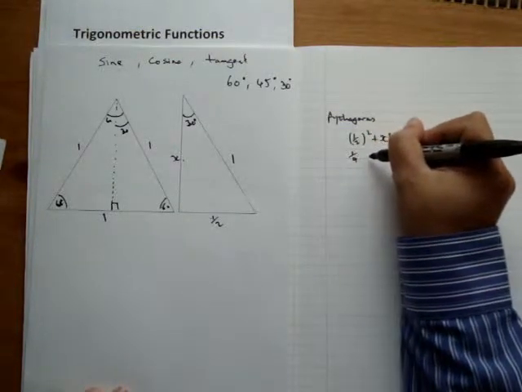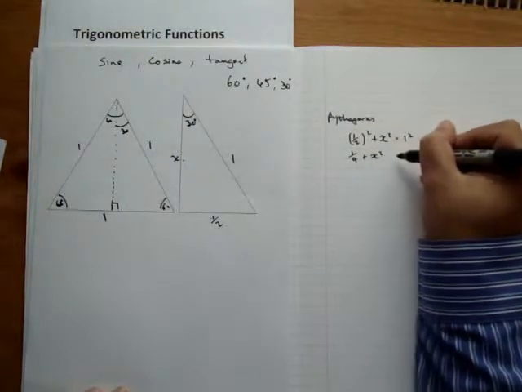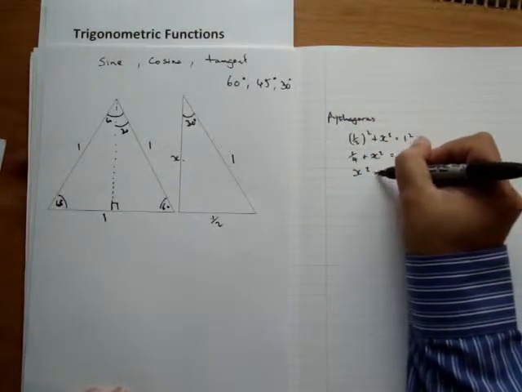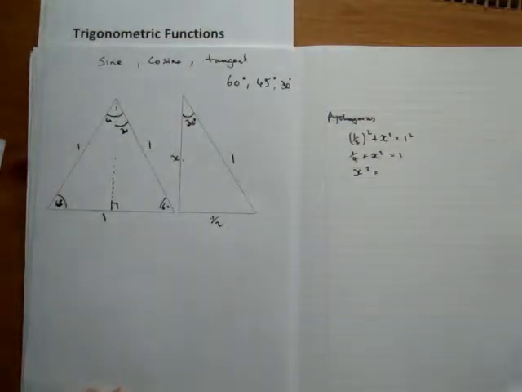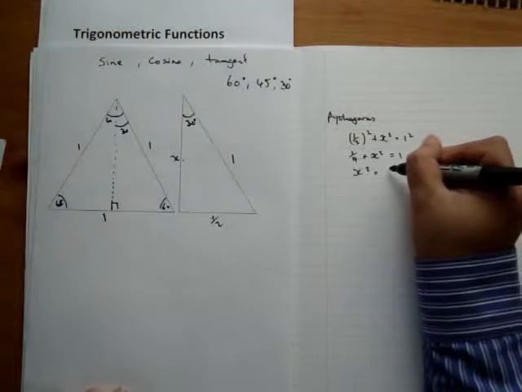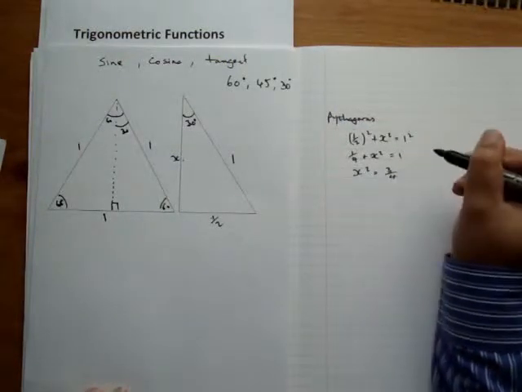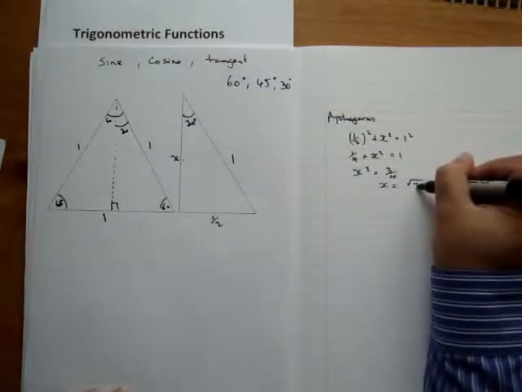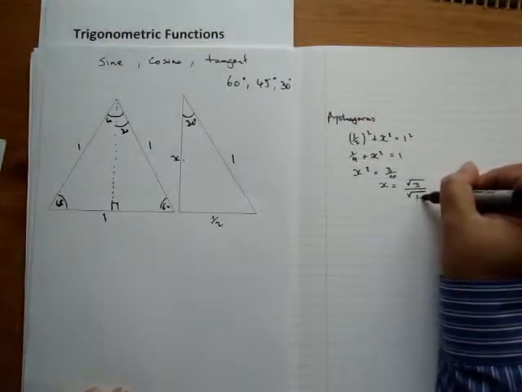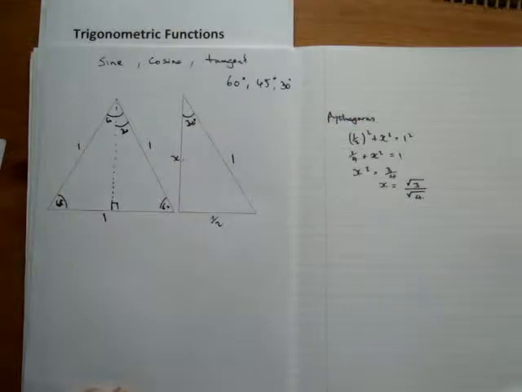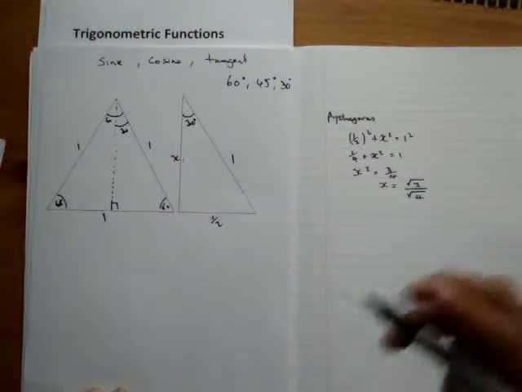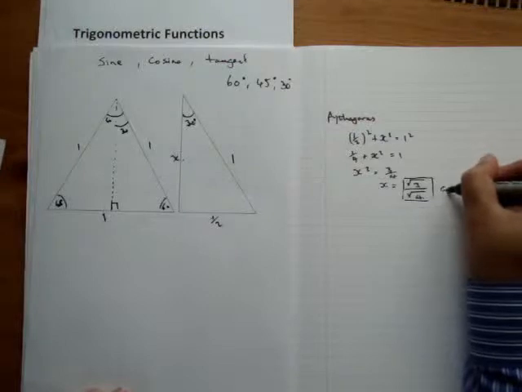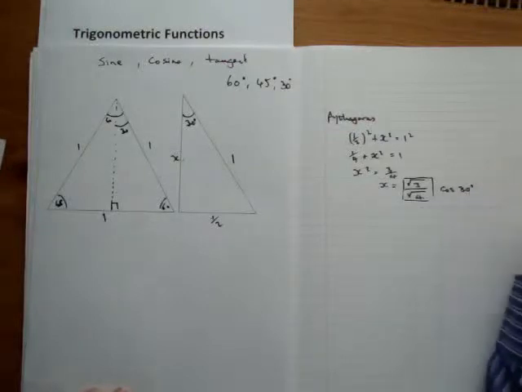So a quarter plus x squared equals 1, x squared equals 3/4, and so therefore x is square root of 3 over square root of 4. This is the cosine of 30 degrees.